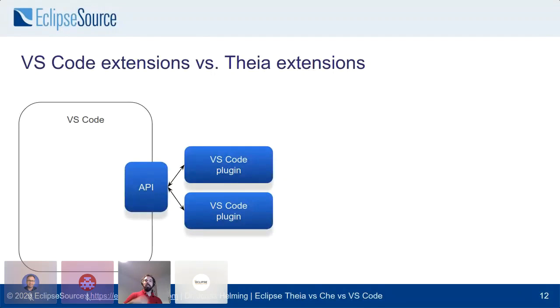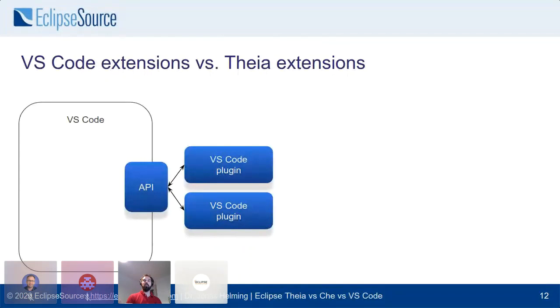Now, there are two mechanisms for this, essentially. VS Code has the extension model called VS Code extensions, and Theia has an extension model that is called Theia extensions. Now, let's start with VS Code. The way that the extension model of VS Code works is VS Code provides a defined API, and you can write plugins that use this API to basically influence how the tool behaves.